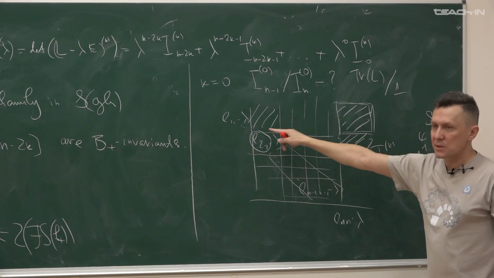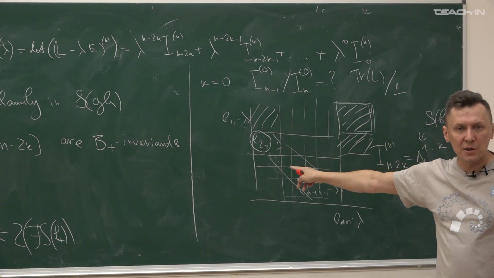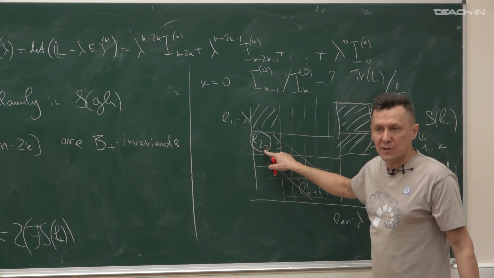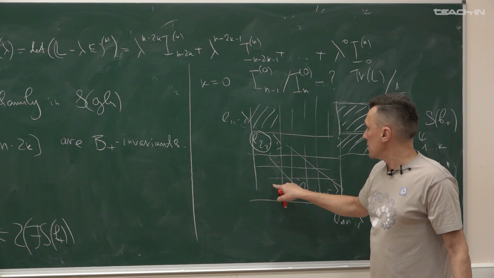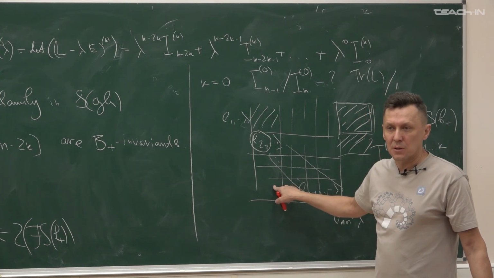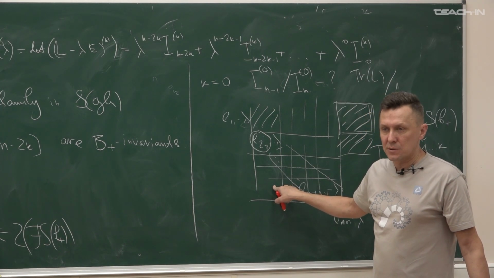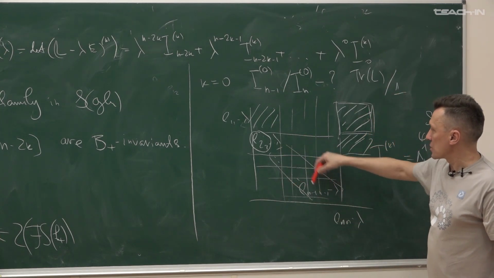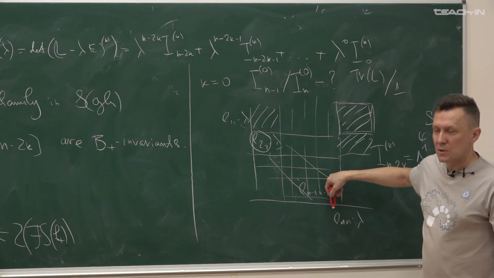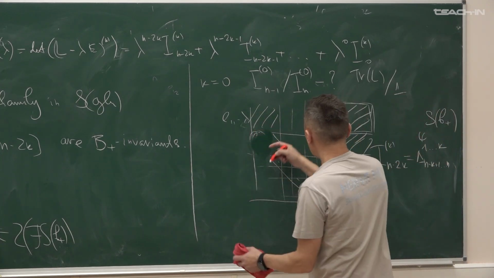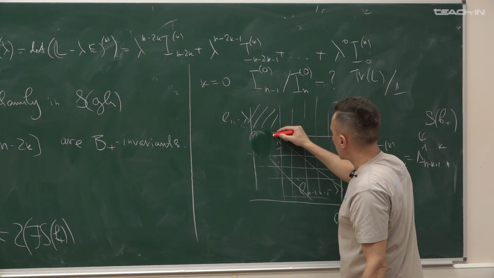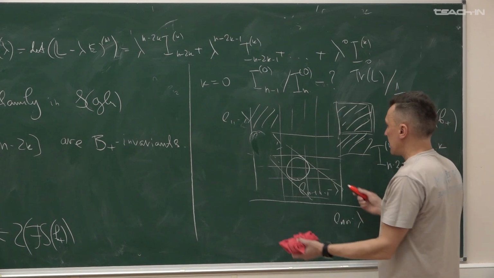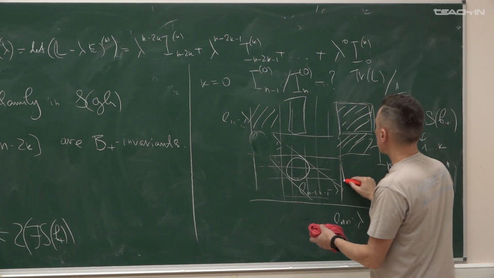But this minor also contains elements only from the Borel Lie algebra. It takes one element from the Cartan, but no elements from the lower triangular part. Never. And it concerns all the diagonal elements here. So if you take n lambdas from here, but omit some element here, you consider such a minor.